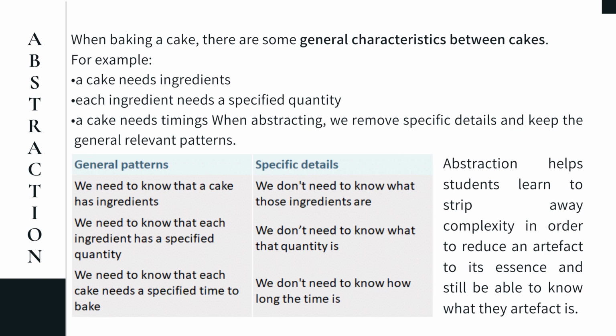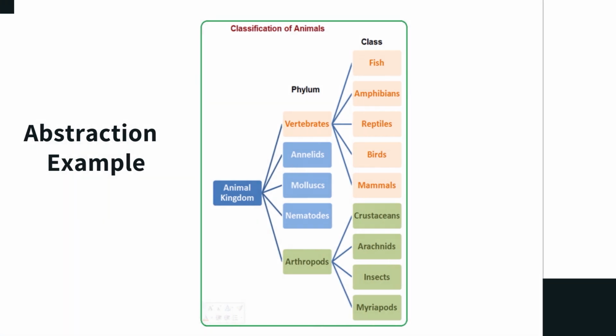To make you understand this, if you would ask your student to bake a cake, he would bake a cake, knowing all the general patterns, but he doesn't actually need to know more specific details about the baking process.